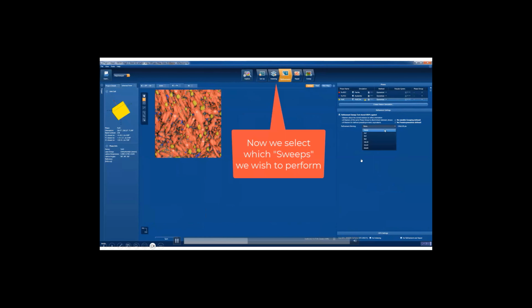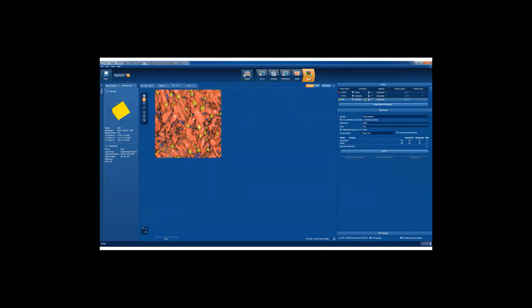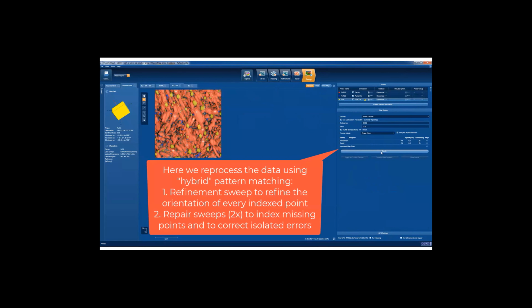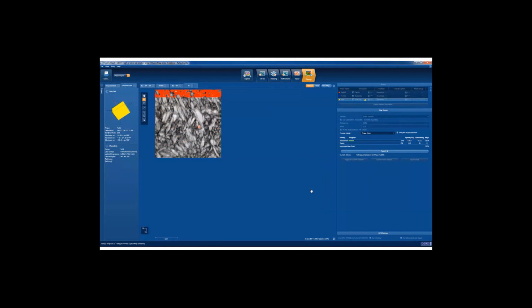And then we start to go through and pick which sweeps we're going to do. In this example, we're turning on the refinement sweep and the repair sweep to see if we can build up the zero solutions. And we're allowing the repair sweep to run twice just to see if we can clean up some zero solutions that might be improved by solving data around it.